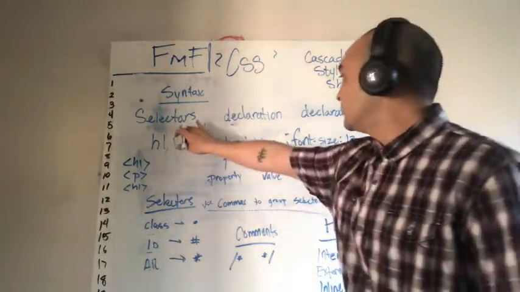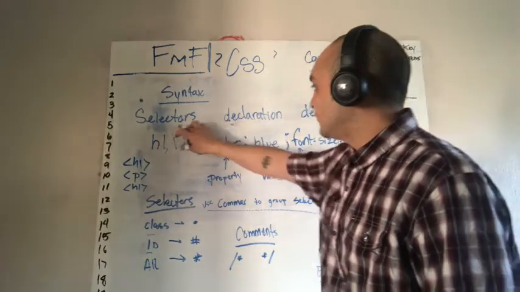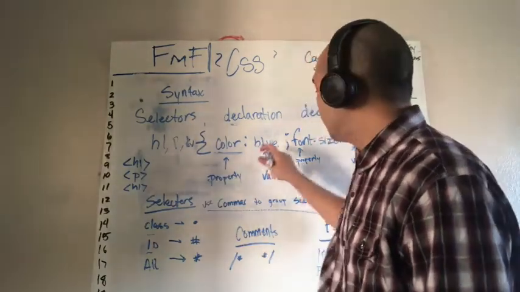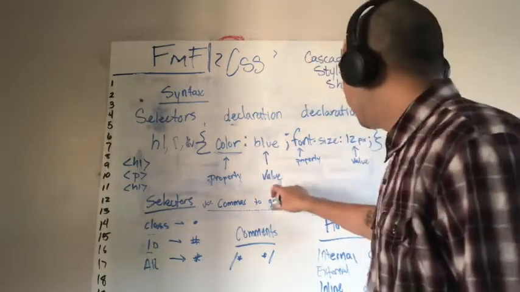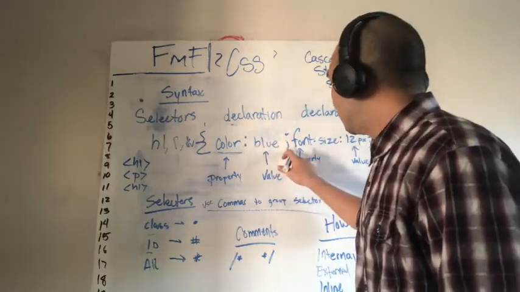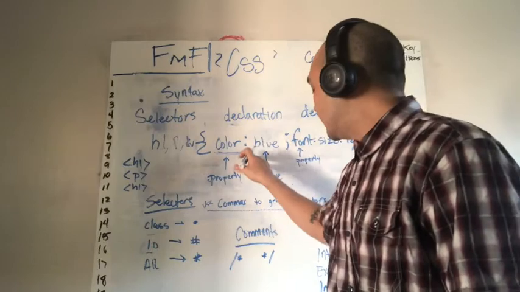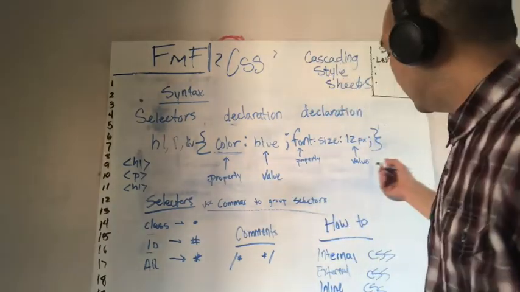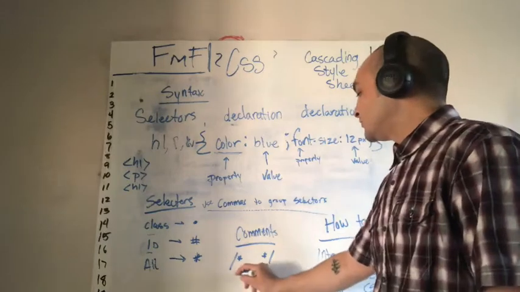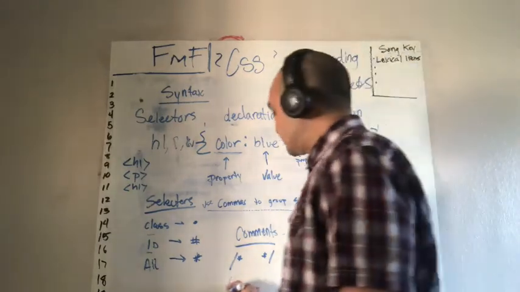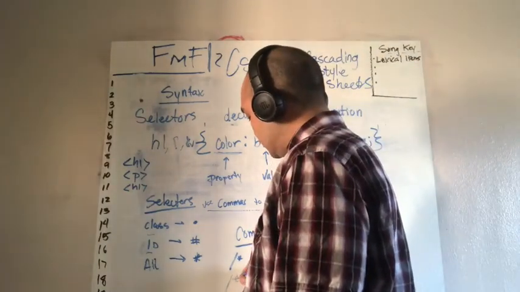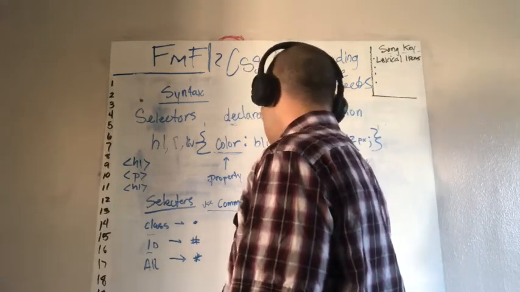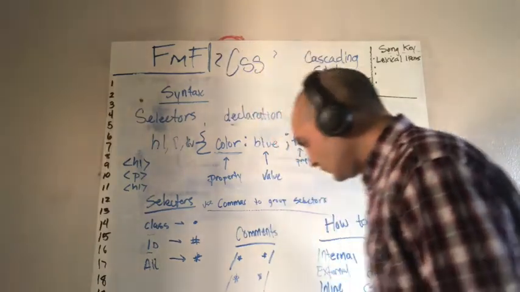Remember, selectors and declarations. With selectors, you're pointing to the class or whatever you selected from the HTML element, then you've got your properties and values, separated by colons and semicolons. Comments: all important comments are initiated with a forward slash and an asterisk, and ended with an asterisk and a forward slash.